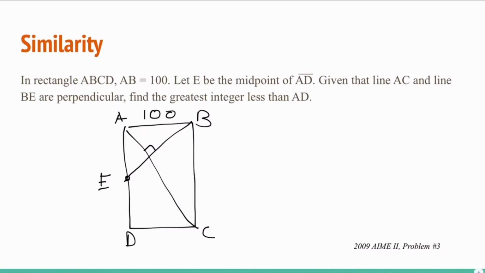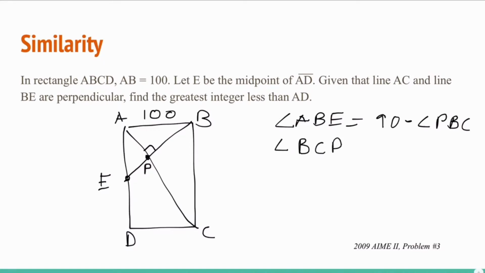So, we know that angle ABE is equal to 90 minus angle PBC, where we'll call this point P. Also, angle BCP is equal to 90 minus angle PBC, which is equal to angle ABE.